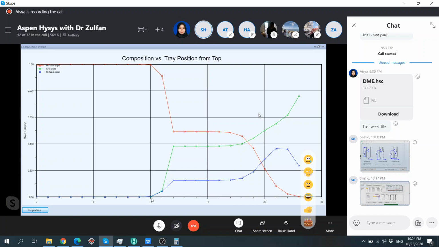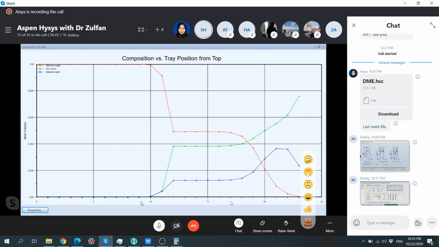And then you can also see stage number 13, 14, 15, 16. There's also no change in terms of temperature, and we can see it also in the compositions. There's nothing changed. So basically we can also cut these 3 or 4 stages from this section. So we can cut 9 stages from above the feed location.